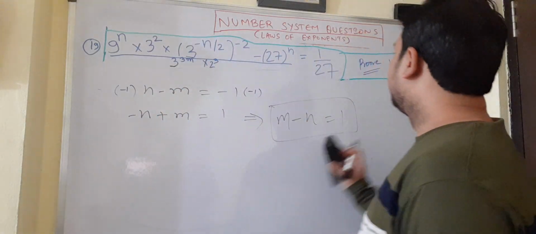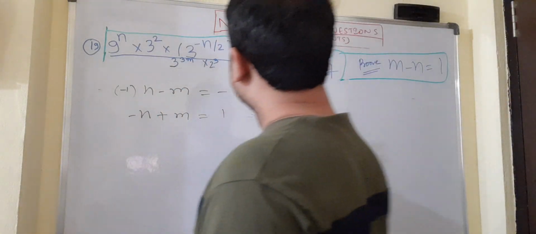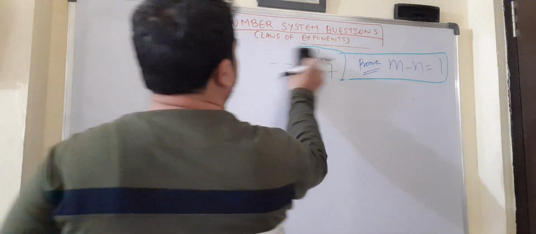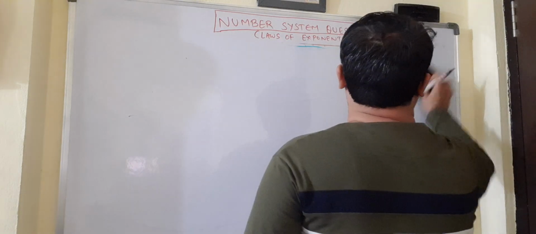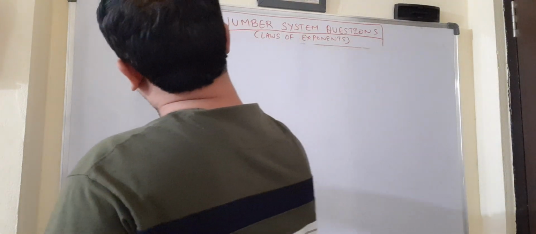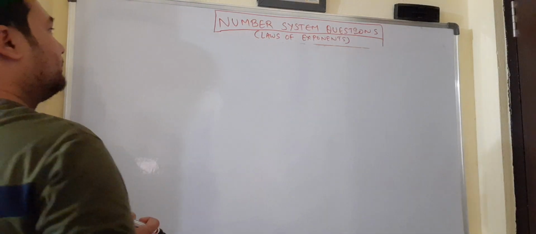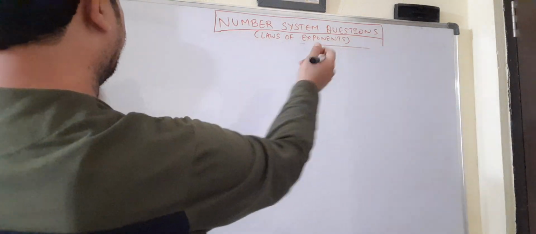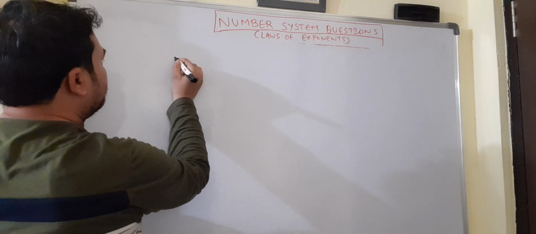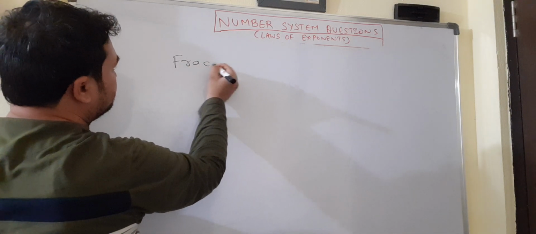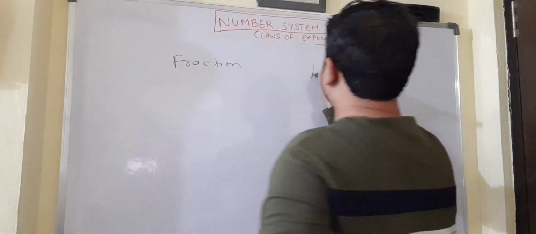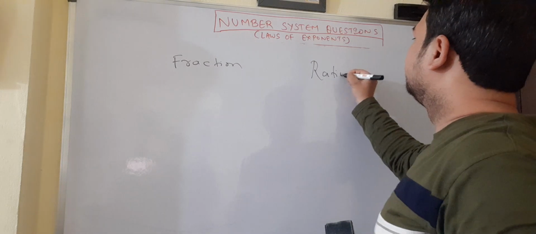There is one more doubt that might be creeping inside you, or if not right now, then after some time you might be having a confusion or doubt that if we have already a term fraction, then why are we using the term rational number?